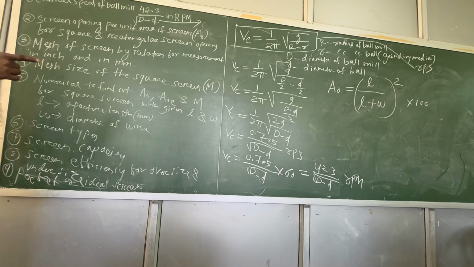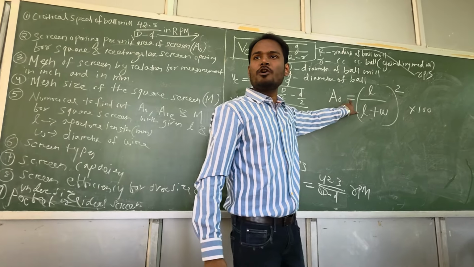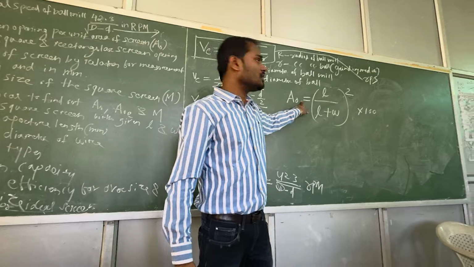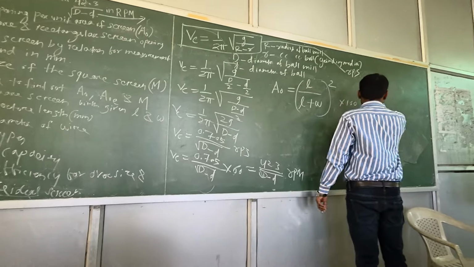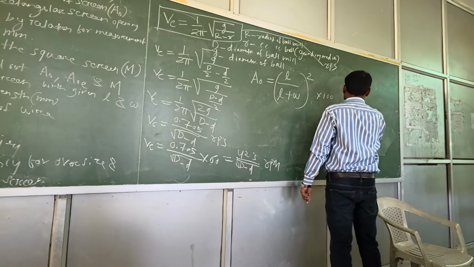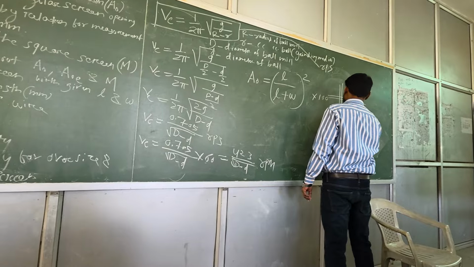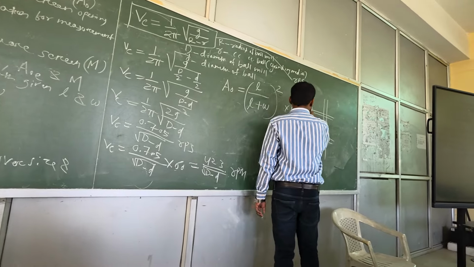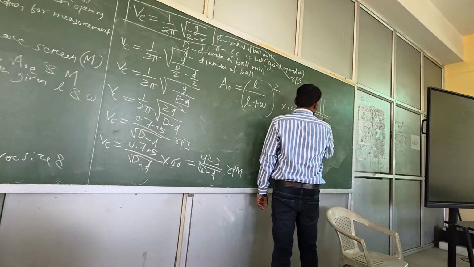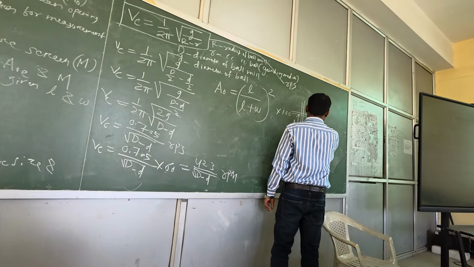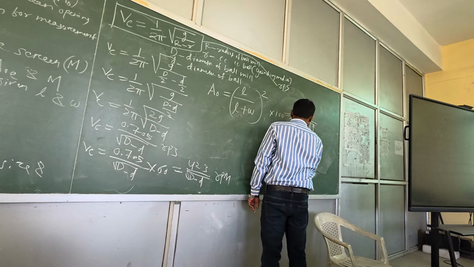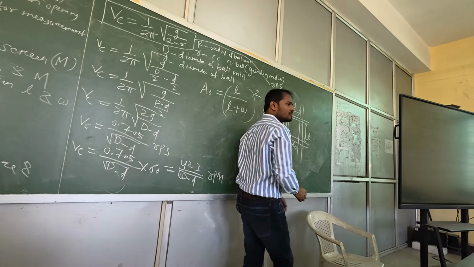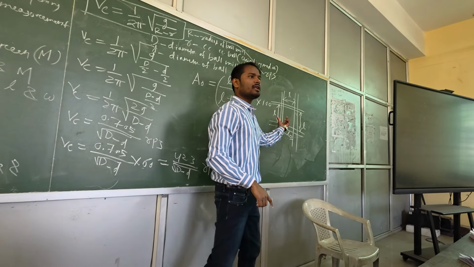Anyways, this is the formula, and this formula is basically for square opening screens. Square opening means this is L, this is also L, this is also L, and this is also L. So L is the length of the opening or length of the aperture.